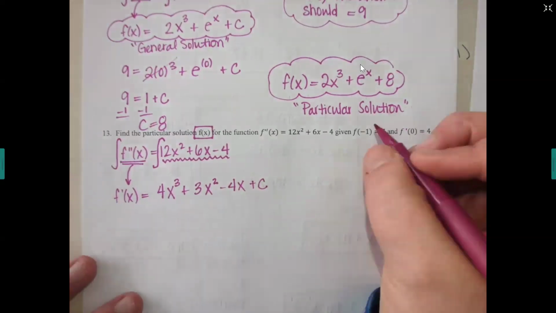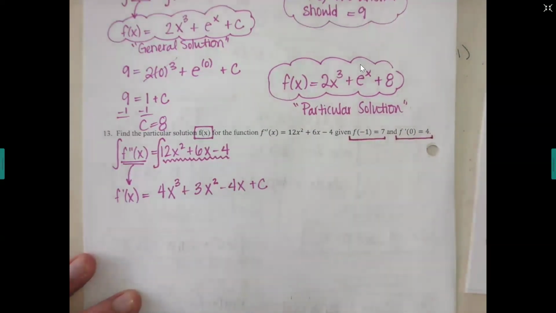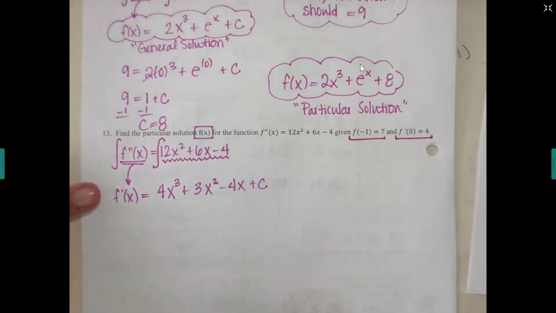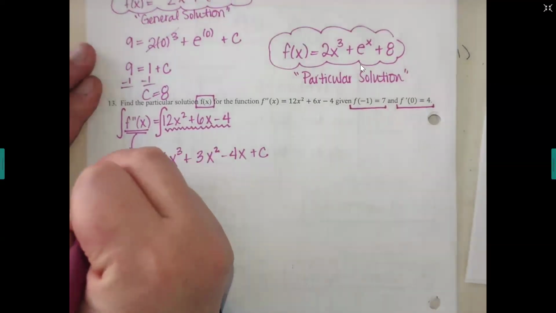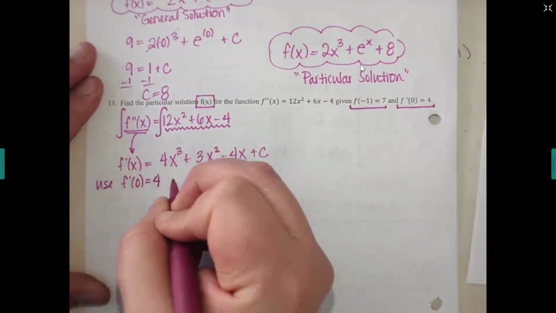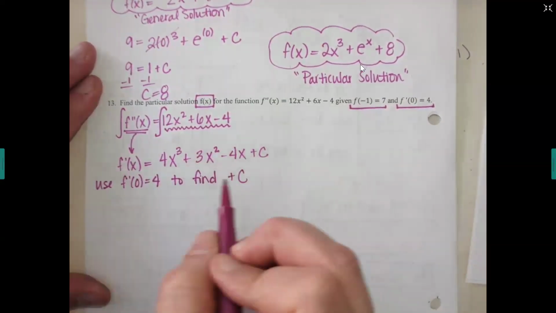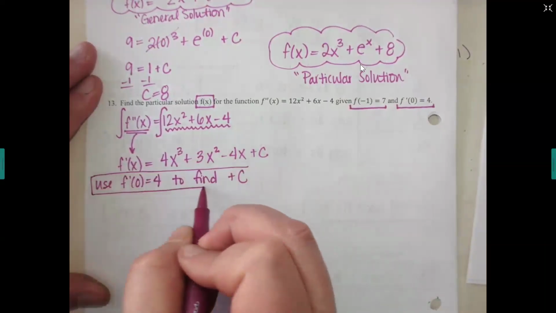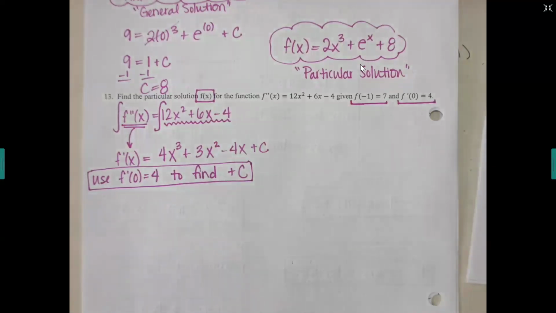Now, will I use this or this, the first one or the second one? Second one, because this is an f prime, so I have to make sure to use my f prime information. So I'm going to put right here, use f prime of 0 equals 4 to find our plus c. Remember what that means is I'm plugging in 0 as the x and the answer should come out to be 4.